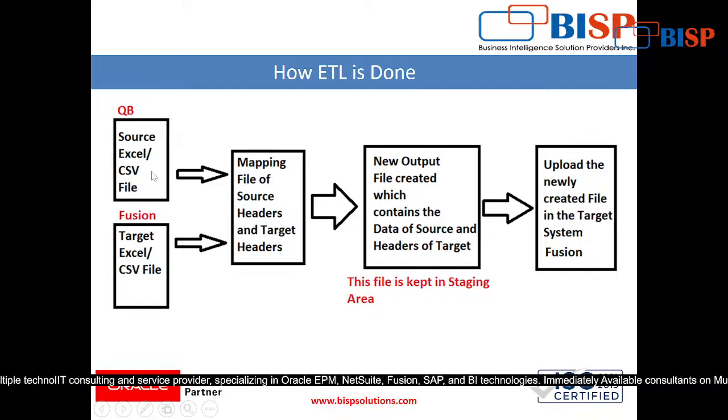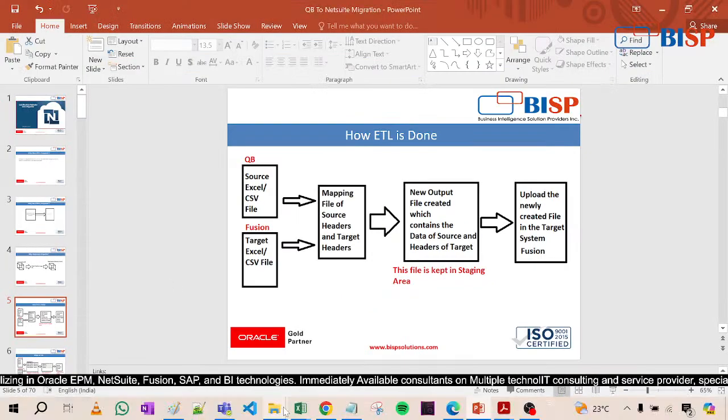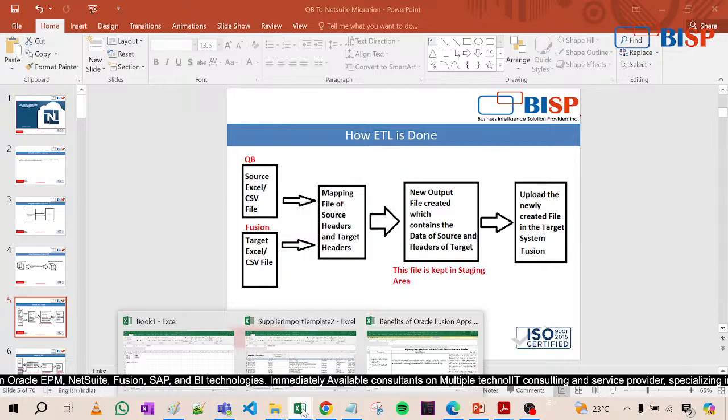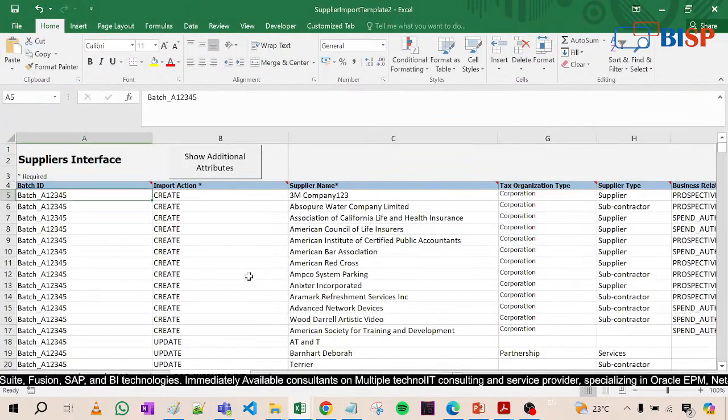As I have just discussed, the source Excel sheet, then the CSV file, then the target CSV file. Now why this target CSV file? We just want the headers of the target, that is Fusion. Now I have one example here, the template, here it is. See, here is the Excel sheet which is downloaded from Fusion, right?